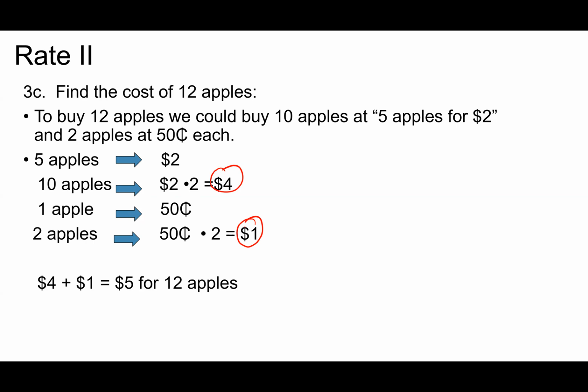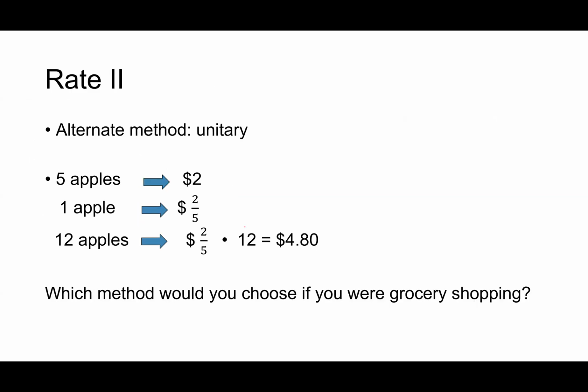So if we were to use unitary method, flip to the next slide on there. Let's say we're at the grocery store and we can buy 5 apples for $2, but we want 12 apples. We could use unitary method.